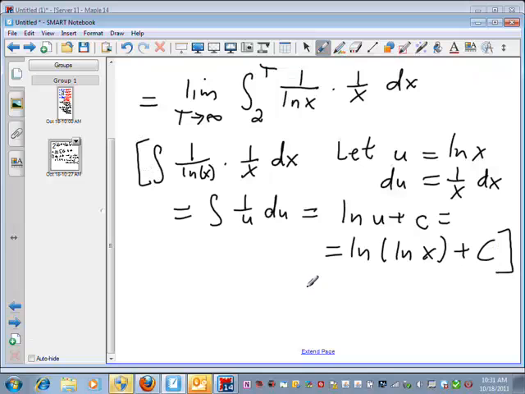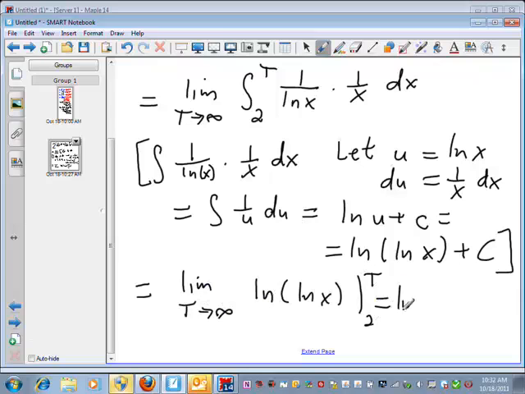So now that we have the antiderivative, we'll plug in t and 2 and subtract, and then take the limit as t tends to infinity. So this is equal to, by the fundamental theorem of calculus, the limit as t tends to infinity of the natural log of the natural log of x evaluated from 2 to t.